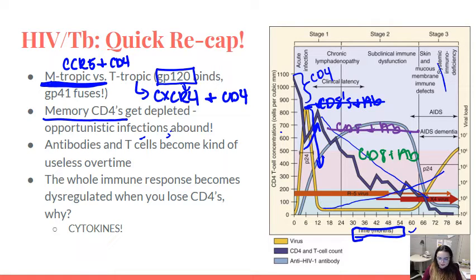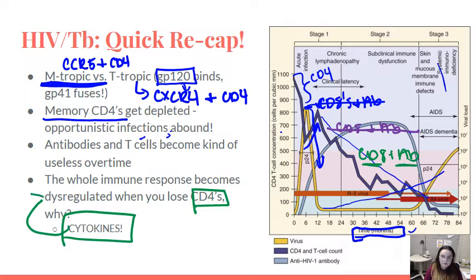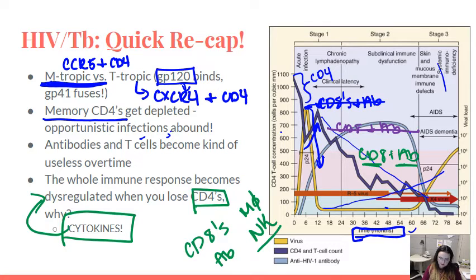And really the point is that you're losing these CD8s and antibodies over time, because when you lose CD4s, you lose cytokines. And when you lose cytokines, you dysregulate the entire immune response. You lose the ability to tell CD8s to kill virally infected cells, to tell plasma cells to differentiate and secrete antibody, to tell macrophages to kill extracellular pathogens, to tell NK cells to kill in an ADCC mediated mechanism.